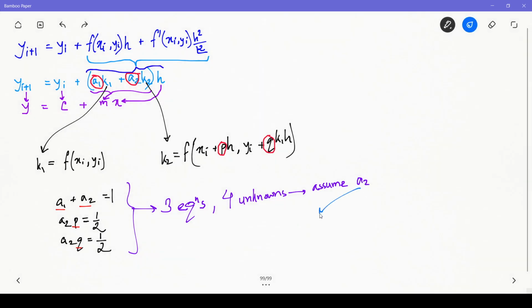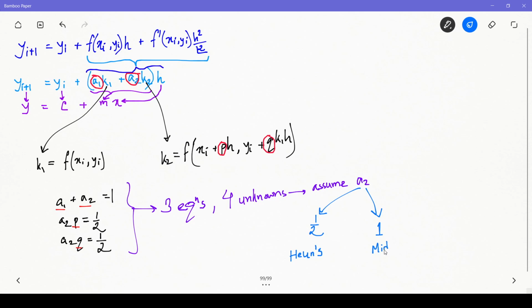We consider the value of a2 to be half, and this approach is called Heun's method. This Heun is also another German mathematician, and he came up with this approach. When we consider the value of a2 to be 1, we call it the midpoint method.